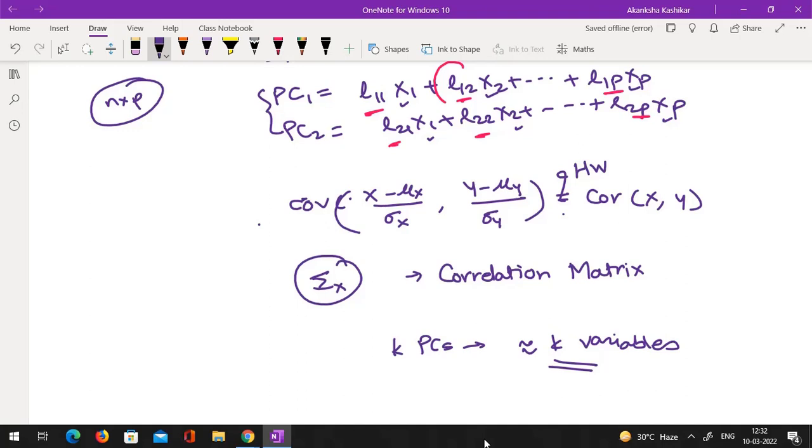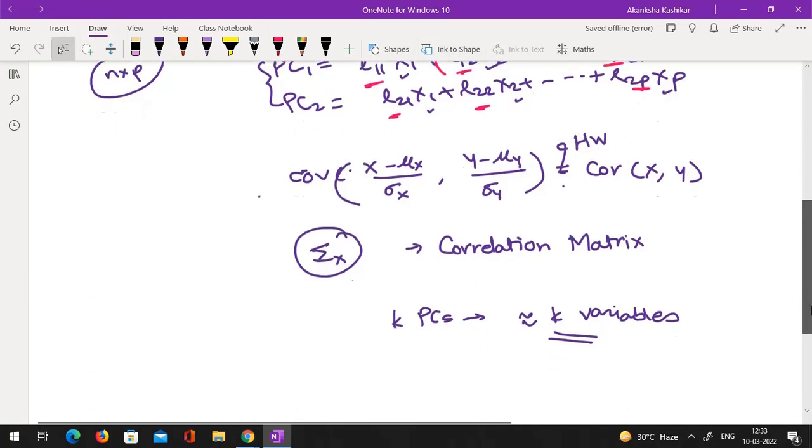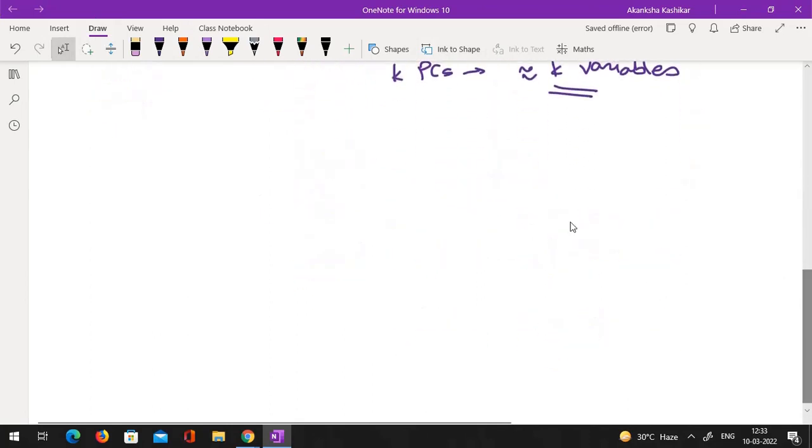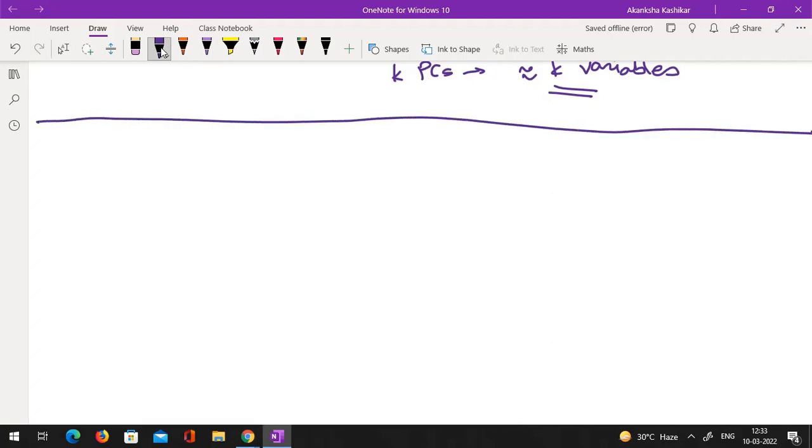So in that sense, this is true dimension reduction, because you don't really have to collect or store data on all p variables. Okay so far? So this is how dimension reduction in PCA works. You look at the coefficients and identify the important variables.